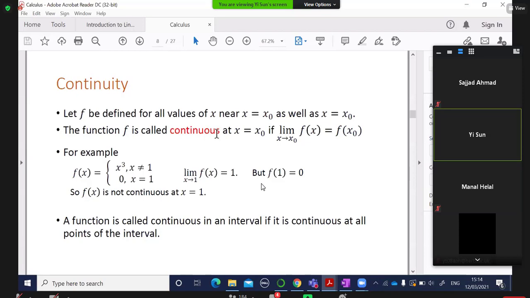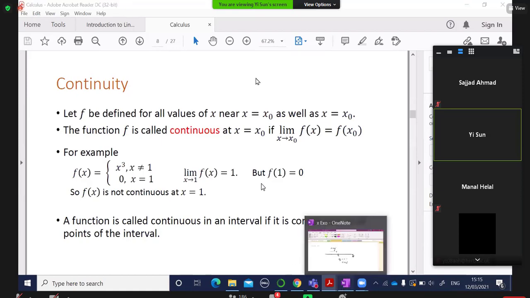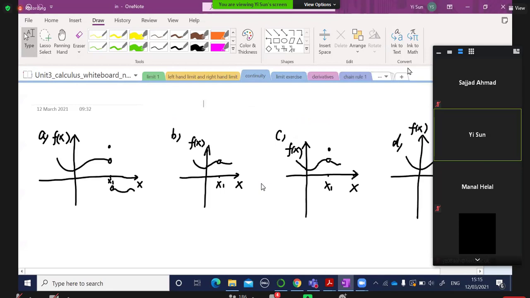This function is called continuous if at this fixed point, the function's value is equal to the limit of this function at this point. Here I give an example, but I prepared another example. Maybe it's better to understand this.